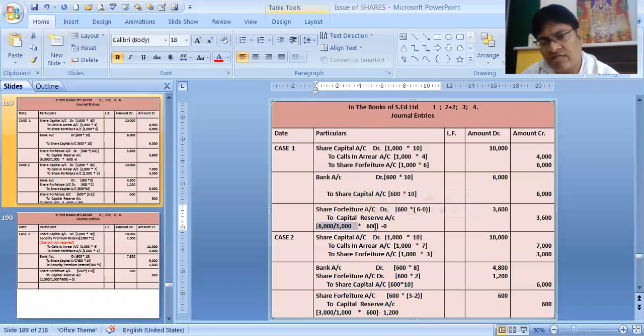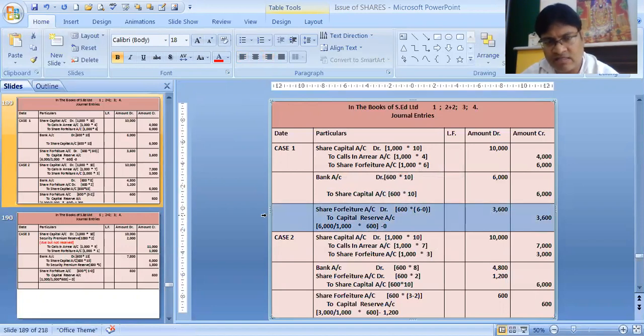We got 3,600 over here, and there is no debit because for 10 rupees shares we have got 10 rupees only, so there is no loss on reissuing of the shares. So nothing is subtracted, 0 subtracted. That means the value is coming to 3,600. This 3,600 is transferred to capital reserve.